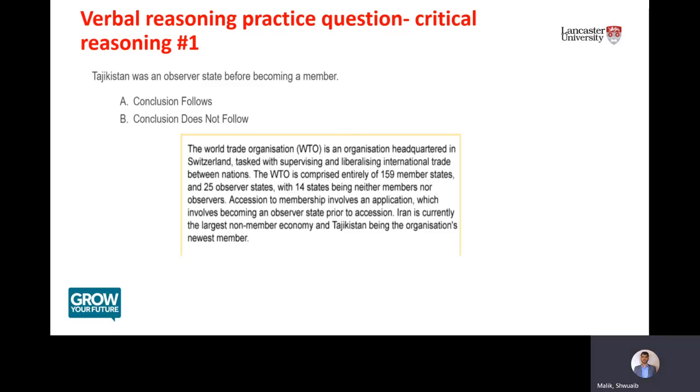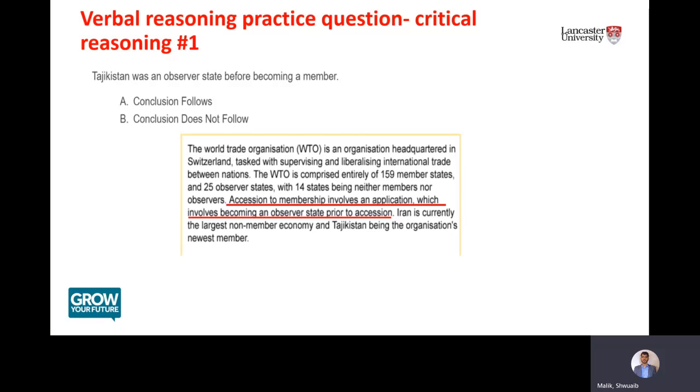The statement says Tajikistan was an observer state before becoming a member. Now, again, quite a lot of information there. The bit we need to focus on is that line, which gives the answer away. Accession to membership involves an application which involves becoming an observer state prior to accession.